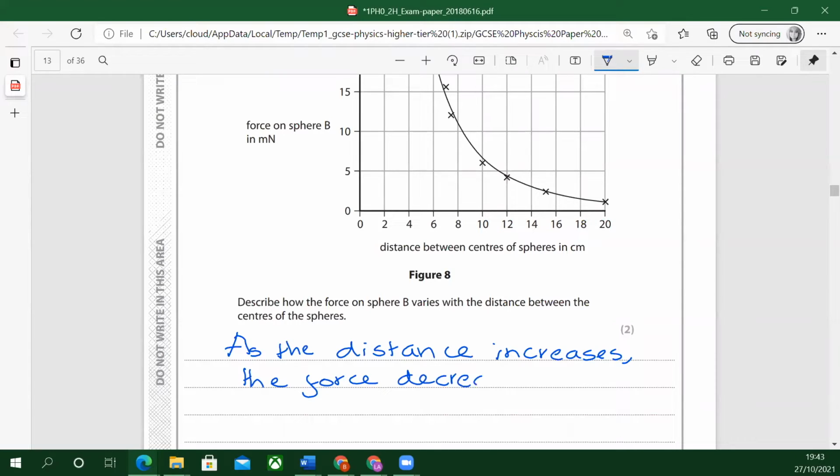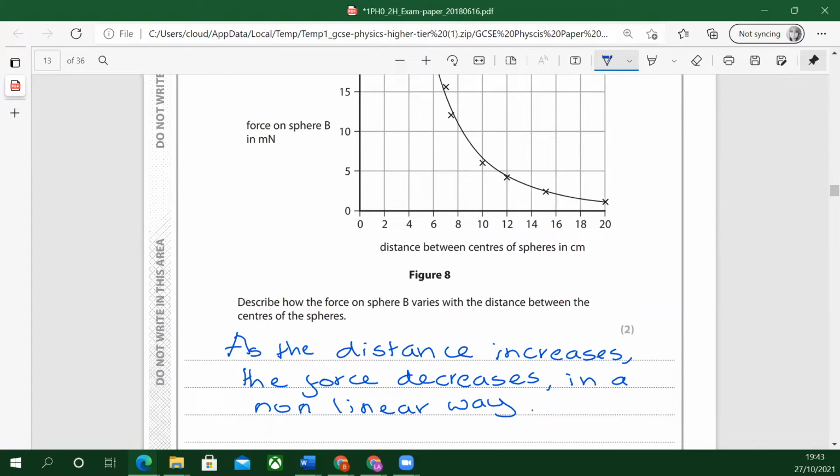It's not linear, is it? Okay, so it's non-linear. In a non-linear way. So it's not a line, it's a curve. Okay, it's actually an inverse square law.